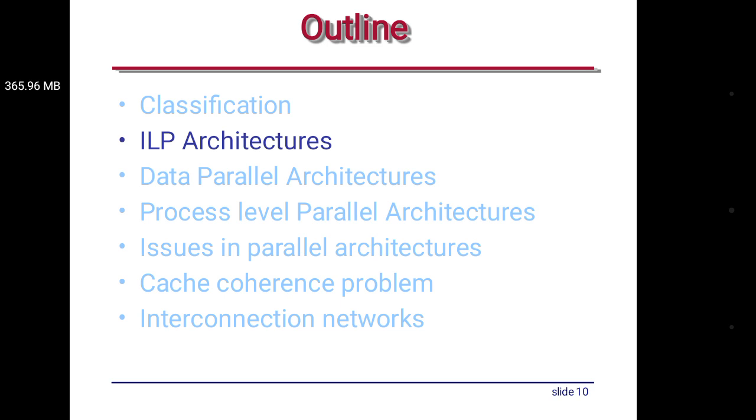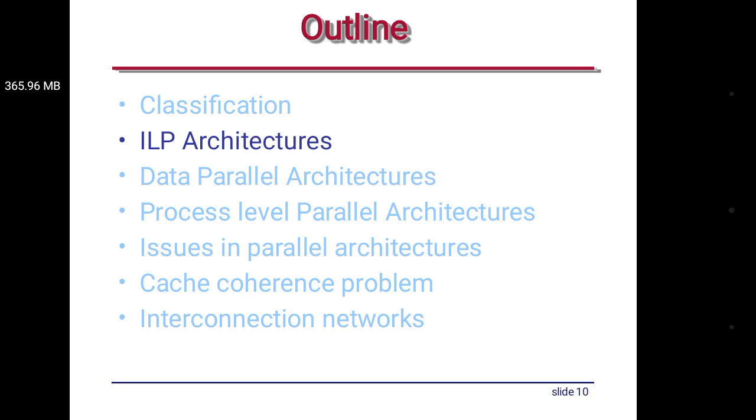The demerit of the scalar pipeline was that the maximum throughput is bounded by one IPC. So we were not able to get more than one IPC, whereas after achieving ILP we can increase the IPC and also decrease the CPI.